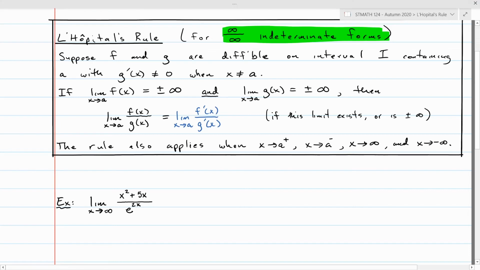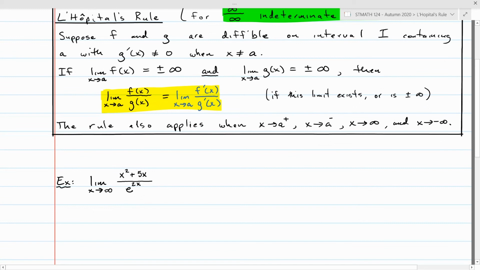It works exactly the same way as when you have 0 over 0 indeterminate forms. So infinity over infinity and 0 over 0, you do them the same way using L'Hopital's rule. And this rule also applies whenever you're doing right or left-hand limits, like one-sided limits, or if x is going to plus or minus infinity, it also works.